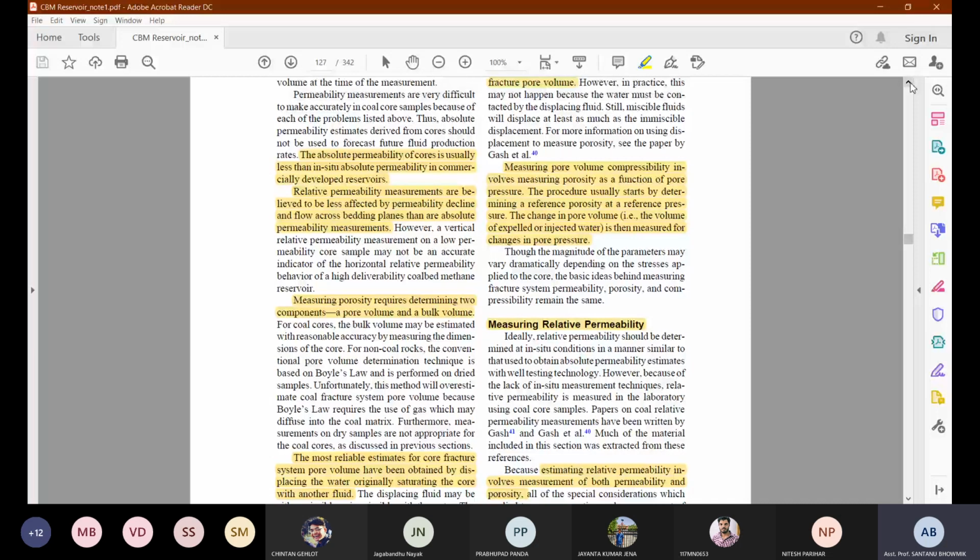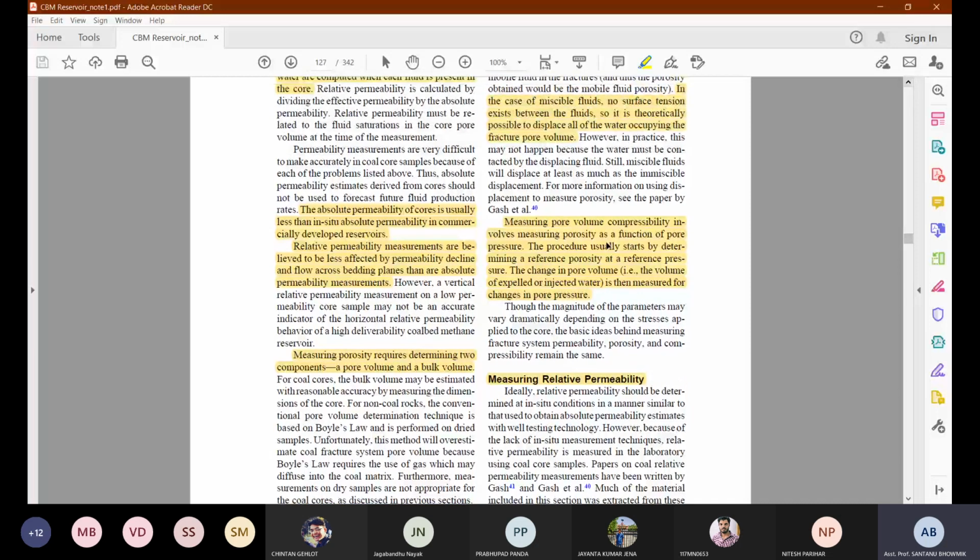And then again, when you look at the pore volume compressibility of the fractures, you have to see the porosity as well as the permeability. As the pressure increases, the elastic effect will come, and the surfaces try to compress against one another, or expand with respect to one another. And as I mentioned earlier, there will be the shrinkage and swelling phenomena.